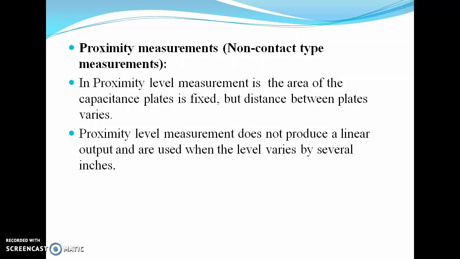In the case of proximity or non-contact type measurements, the area of the capacitance plates is fixed, but the distance between the plates varies. Proximity level measurement does not produce a linear output, and it is used when the level varies by several inches. So these are the three cases of the material inside the tank.